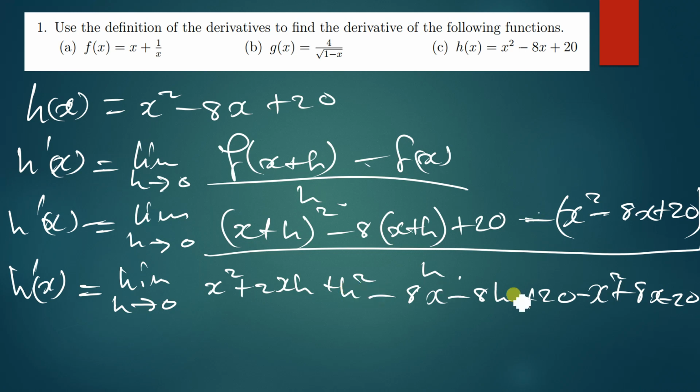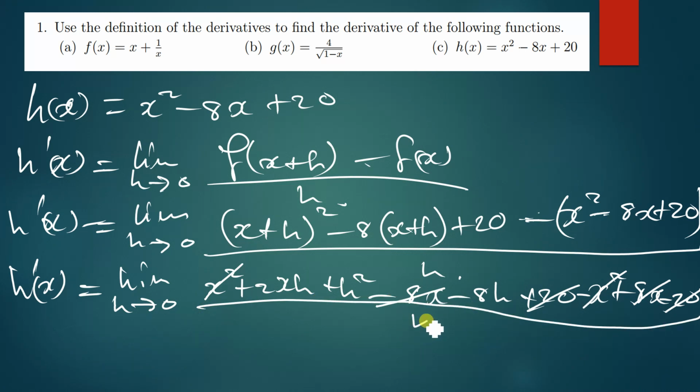So as you can see, this 20 and negative 20 will cancel. Positive 8x and negative 8x will cancel. We have x squared, negative x squared, and that will cancel. Of course, this is divided by h, and what we're remaining with is this expression here.